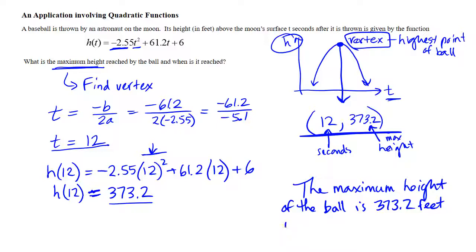And then we can put the time, 12 seconds after it is thrown. Again, it doesn't matter which one you talk about first in the sentence. You could say 12 seconds after it is thrown, the ball reaches its maximum height of 373.2 feet. But you need to connect in the sentence both the input and the output of the vertex.